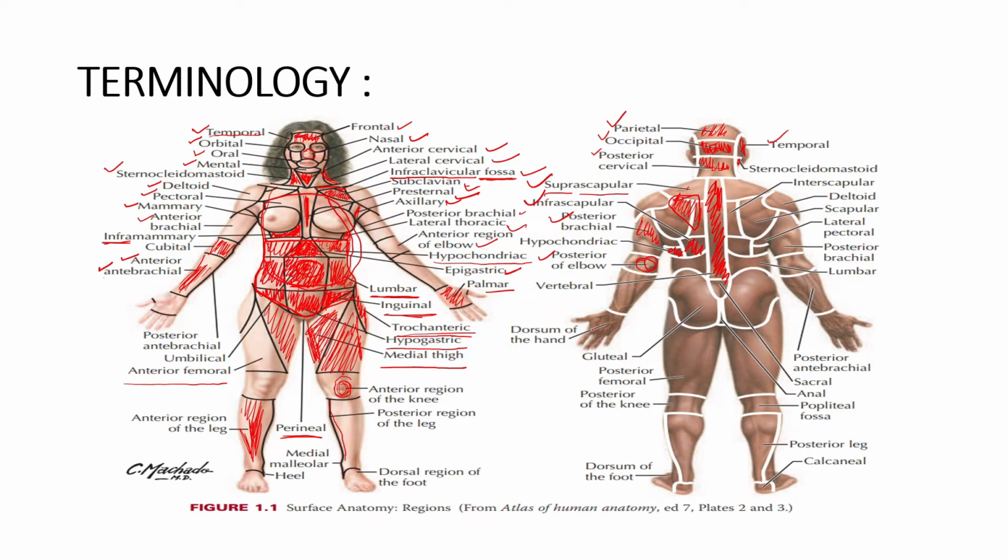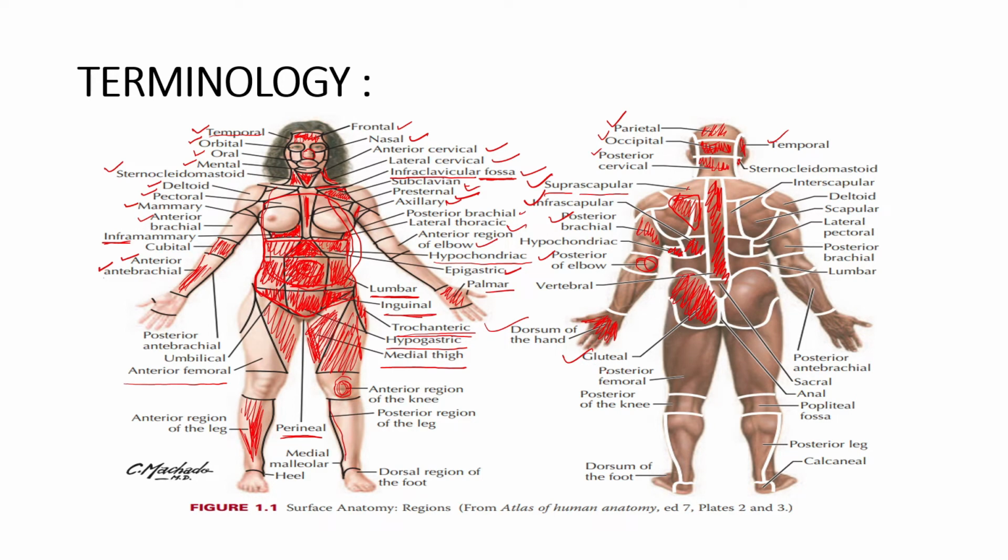Okay. Now next comes dorsum of the hand, means upper part of the hand is called dorsum of the hand. And the other side is called palmar. This portion is called gluteal. The hip portion is called gluteal in anatomical term, because this particular muscle is called gluteus maximus, the biggest muscle of our body.